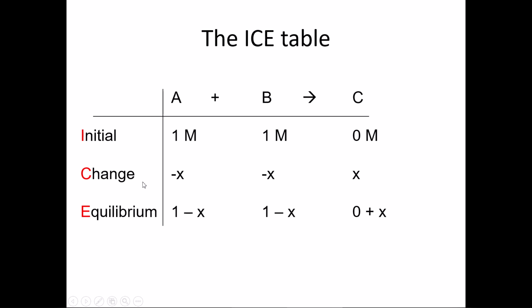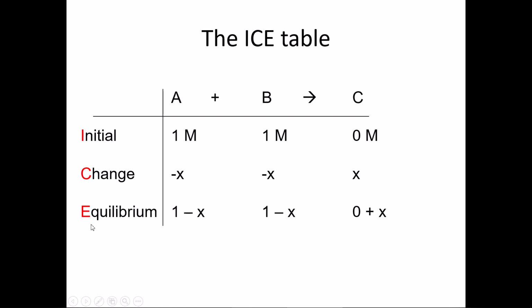The second row is going to be the change. What is going to happen as our reaction goes to equilibrium? Since we associated that value with X, A is going to go down by this X value, B is going to go down by the X value, and C will be increasing by the X value.